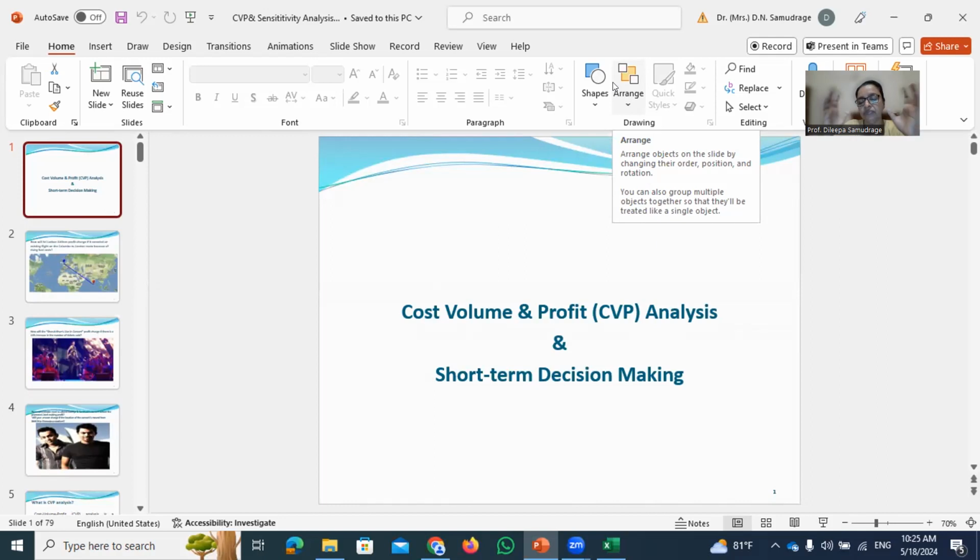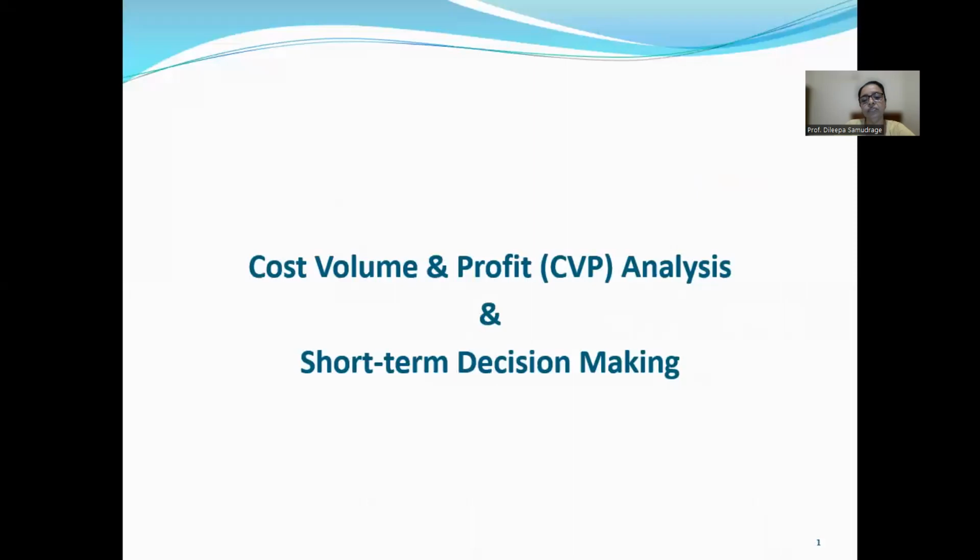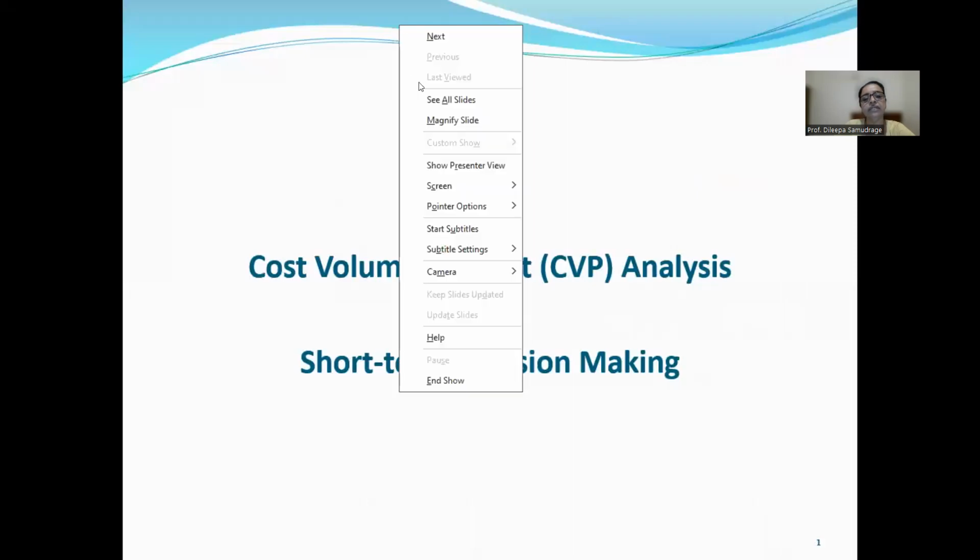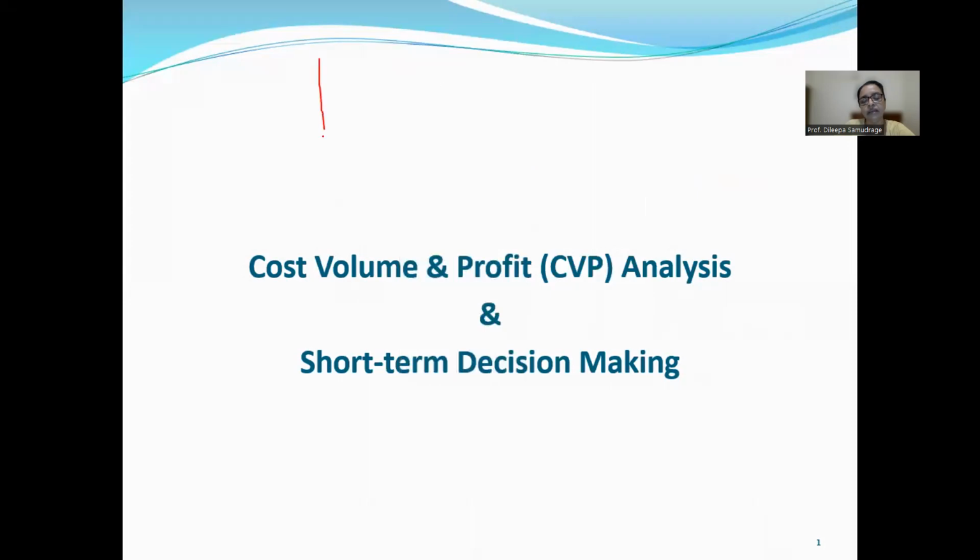Because the fixed cost is a lump sum amount, you don't link it with units. We don't relate fixed cost to units for a particular given period. I hope you can understand that. Earlier I explained that in a particular given period the fixed cost is fixed.